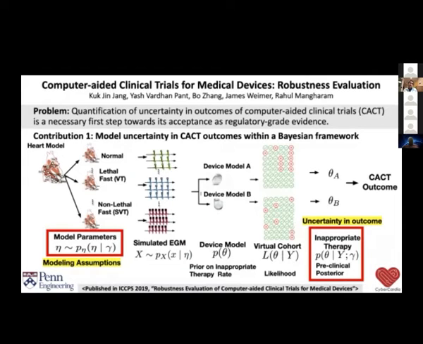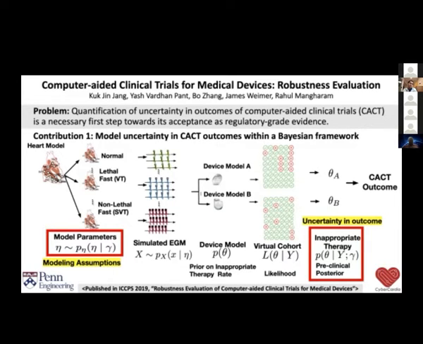And so this is the idea here, is to say, well, before you do a clinical trial, can we do a virtual, or a computer aided clinical trial to get some initial insight into how the trial is going to come out? What is the outcomes of the trial?